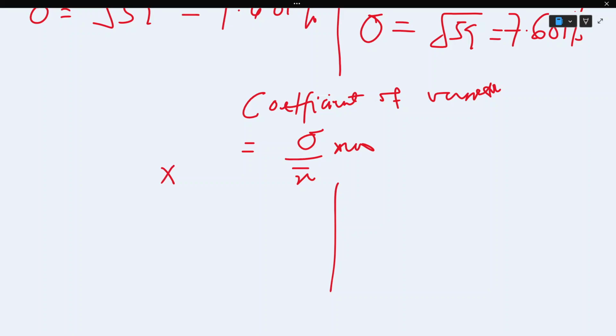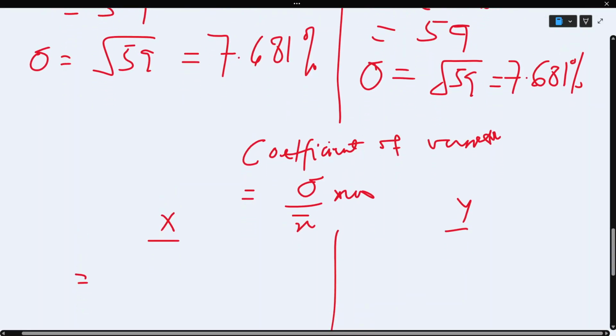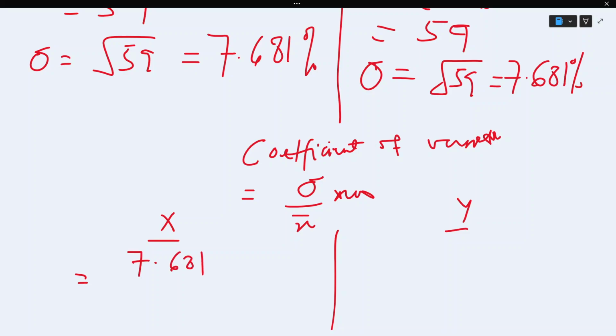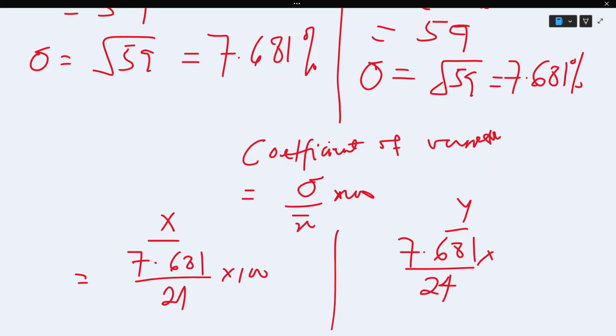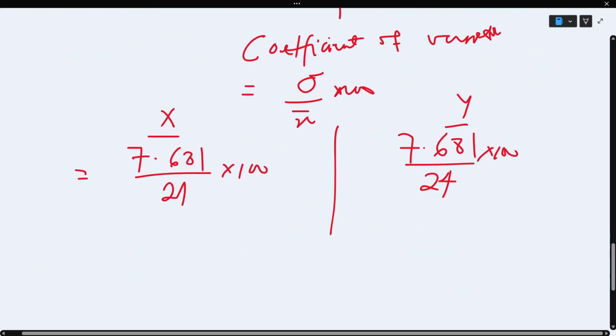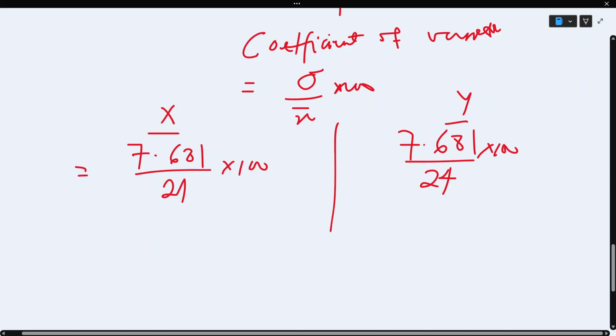So we have stock X and stock Y. 7.68 divided by the mean, which is the expected return on stock X, 21, times 100. And for stock Y, the same standard deviation, but an expected return of 24, times 100.